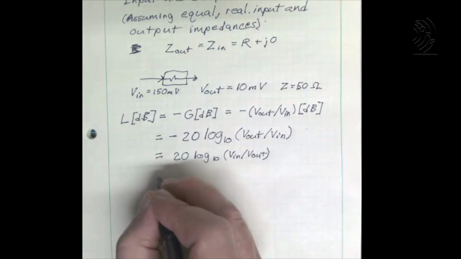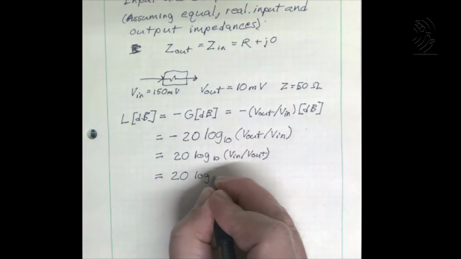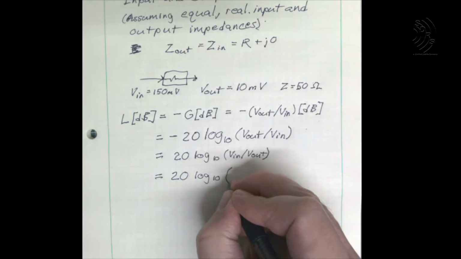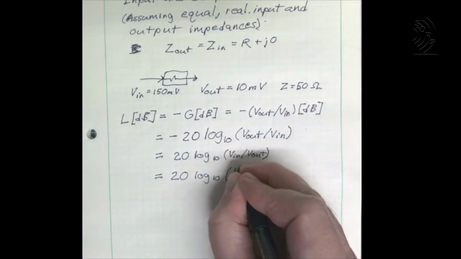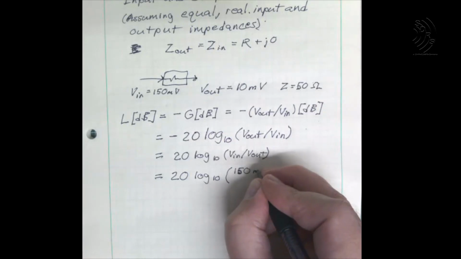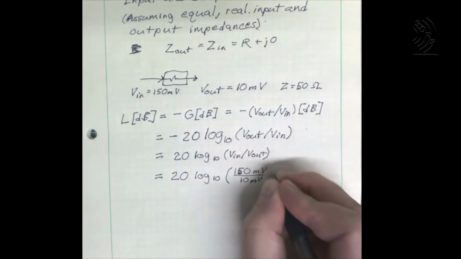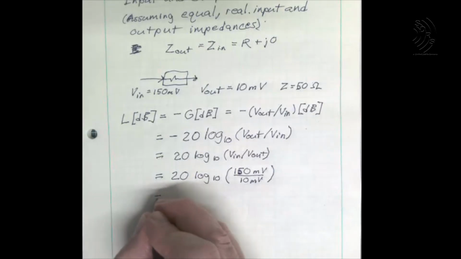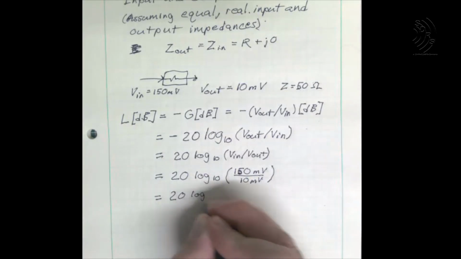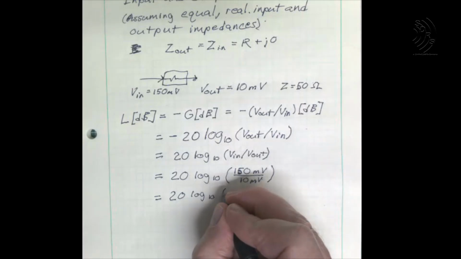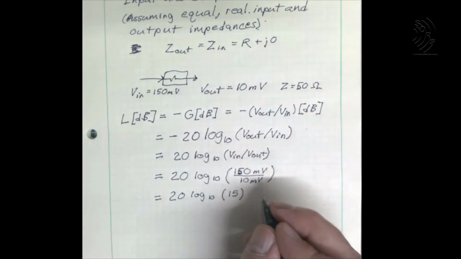Now we need to plug in the numbers and we have 150 millivolts divided by 10 millivolts, and that will be 20 log 10 of 15 when we do this division here.